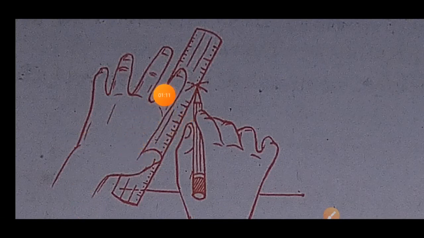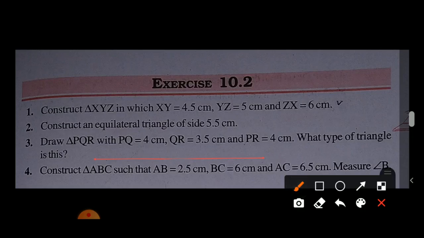Then we join the first and the second arc with the help of ruler and pencil. That is QR.